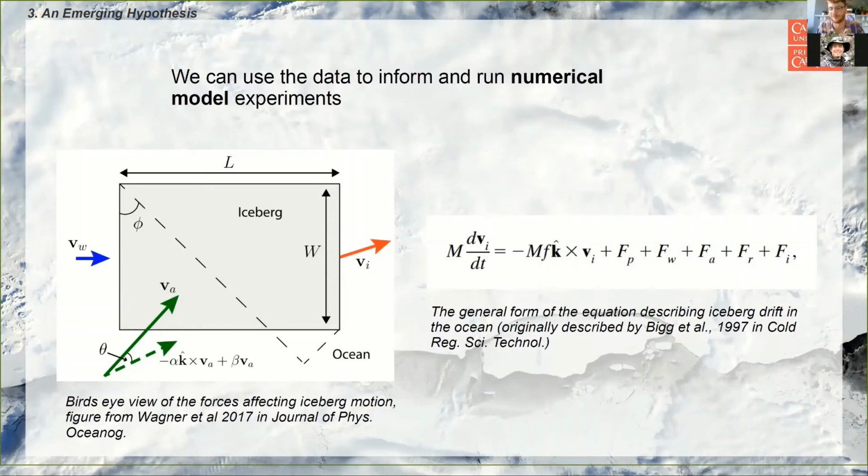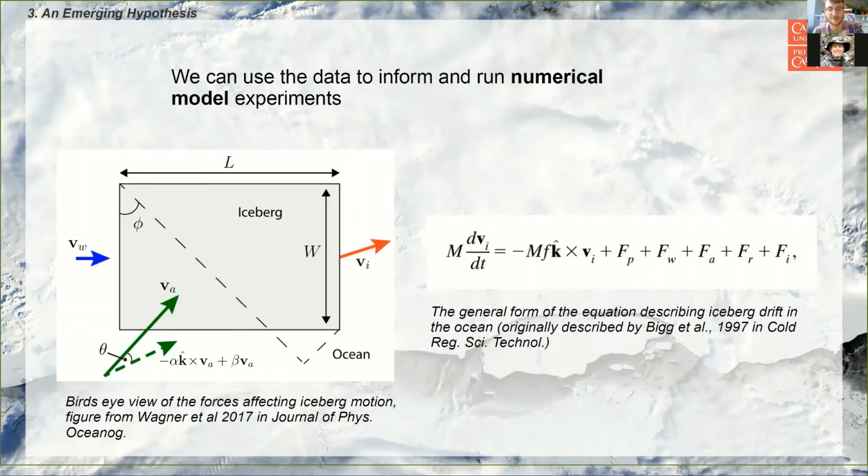I won't go into the maths of this equation, but essentially we can model an iceberg. We know which forces act on it and in which way they act. And we can run models where, under different climate conditions, we see where the icebergs end up drifting.